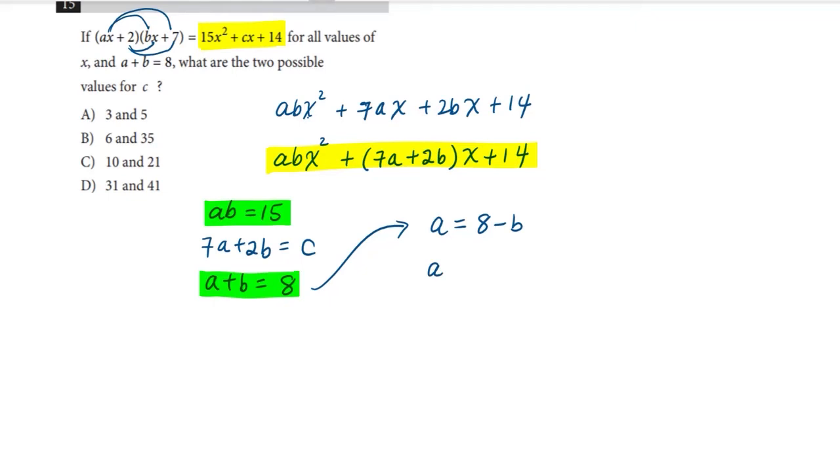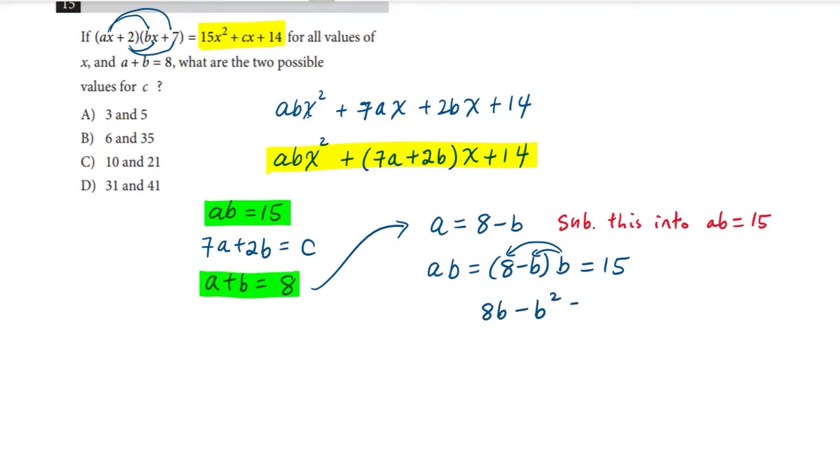So 8 minus b times b is 15. We substituted this into ab equals 15. Expanding by multiplying b into the brackets, it will be 8b minus b squared is 15. So this is a quadratic equation.